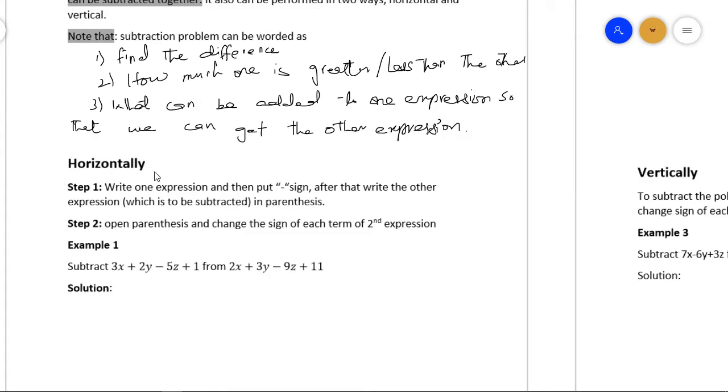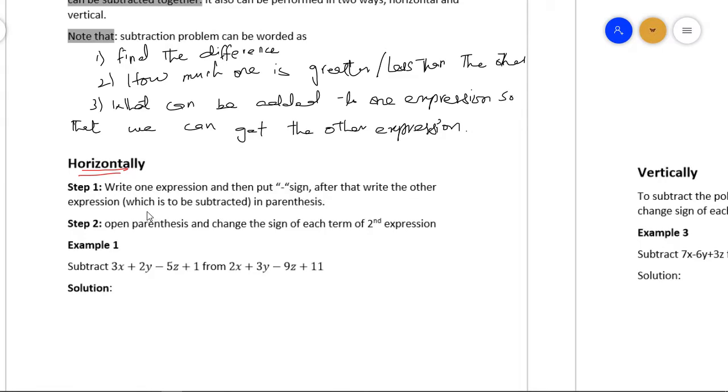Going to the examples and the ways that we can subtract polynomials. First, the horizontal method. How can we subtract polynomials horizontally? You have to write one expression and then put a negative sign.